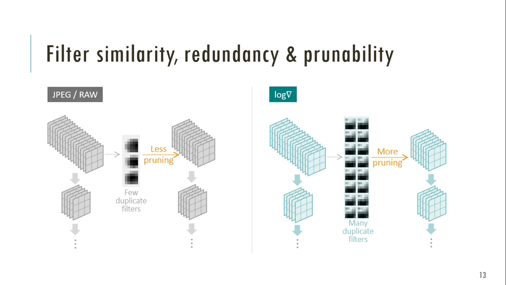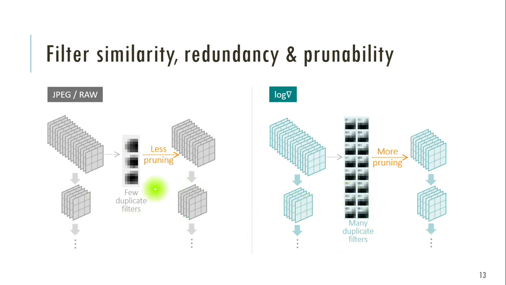If you still feel confused about what I just said, I'm going to emphasize it a little bit. For filter similarity, redundancy, and prunability, I compared 2 pipelines. What we observed is that more filters using log gradients are similar. For example, for the raw or JPEG, there are only 3 duplicate filters, and here I have 16.